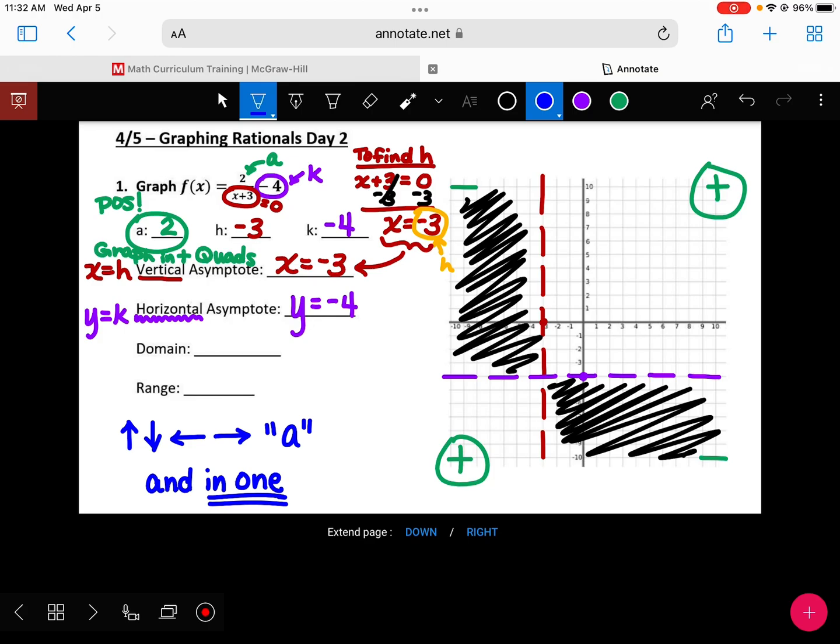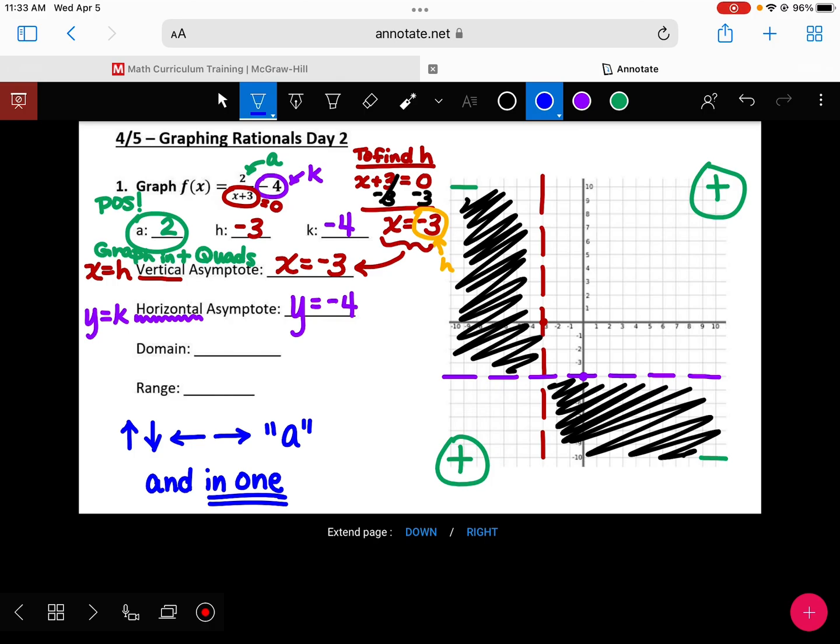Up, down, left, right, whatever A is, and then we're going to go in 1. What is our A value? Positive 2. I'm going to start counting from where these asymptotes are crossing each other. Do you guys see where those are intersecting? That's where I do all my counting from.